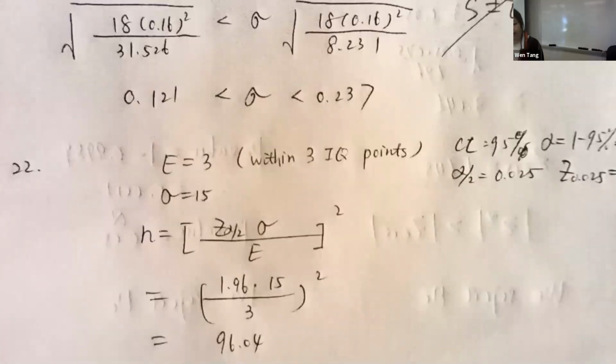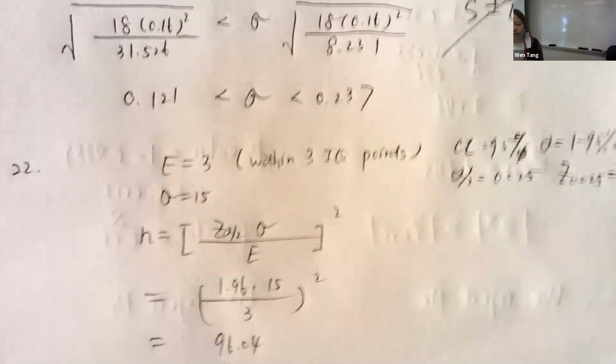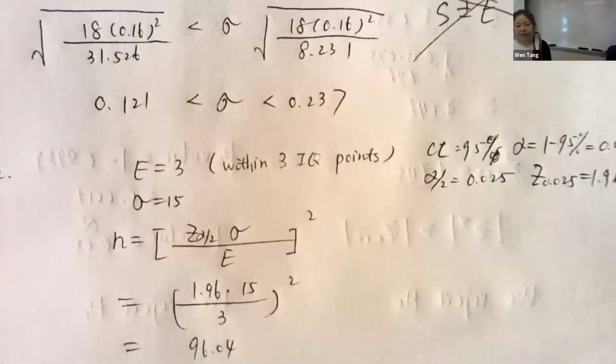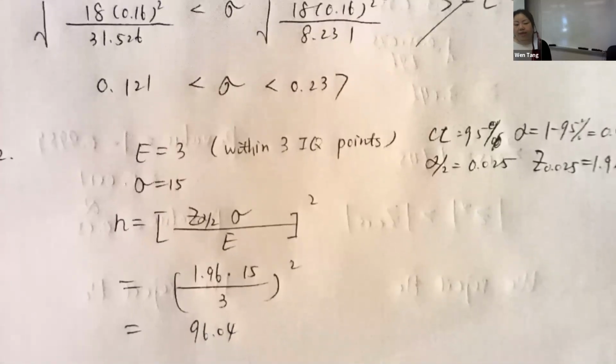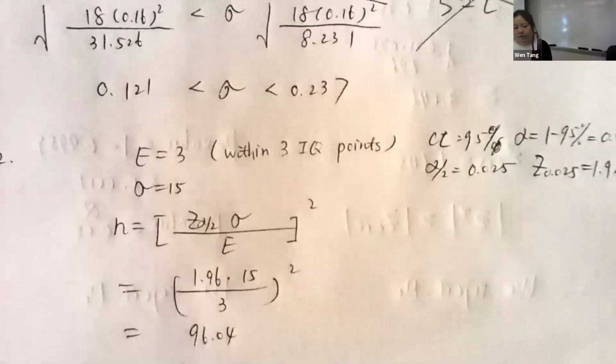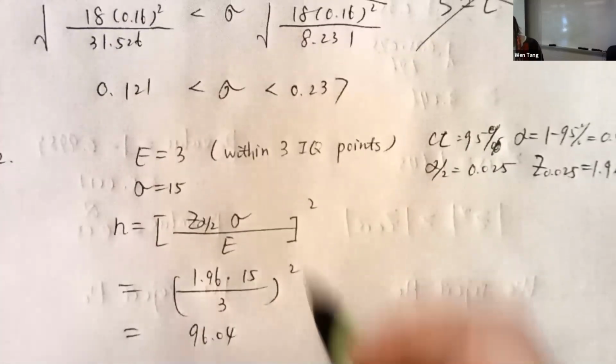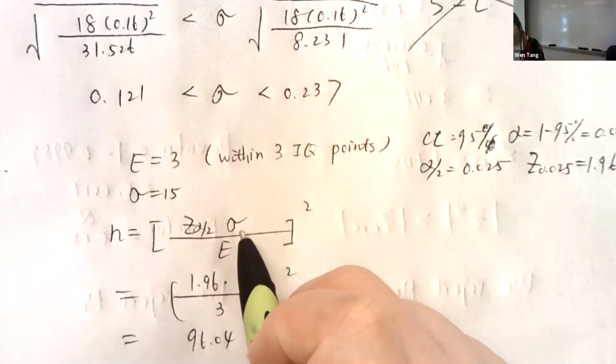When we talk about the sample size, we always use the Z as our critical value. No matter if it's about the proportion or the mean value, we're always gonna use the Z as our critical value. Because remember, in this formula, we have the sigma.